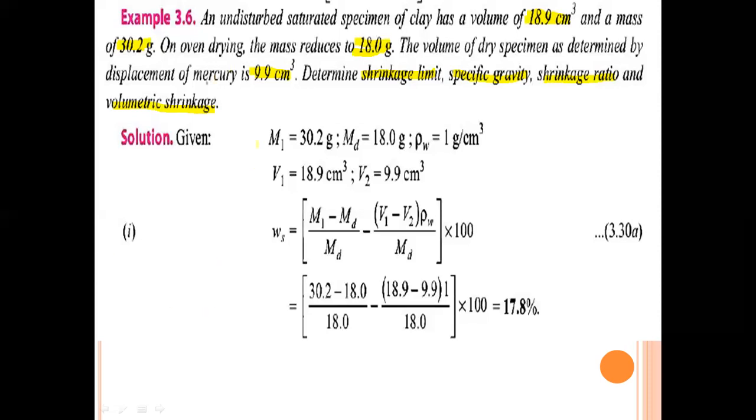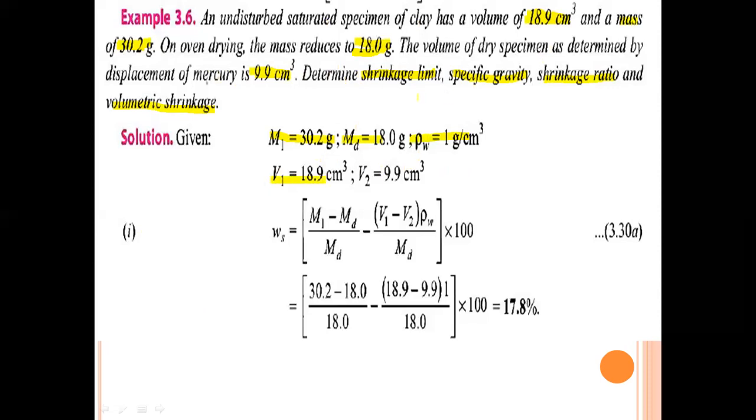So first of all, write the given data. M1 means mass. Here mass M1 is 30.2 grams, and Md is the dry mass, means oven drying the mass reduces to 18 grams. Next one, unit weight of the water 1 gram per cm³. Next one, here given the volumes.